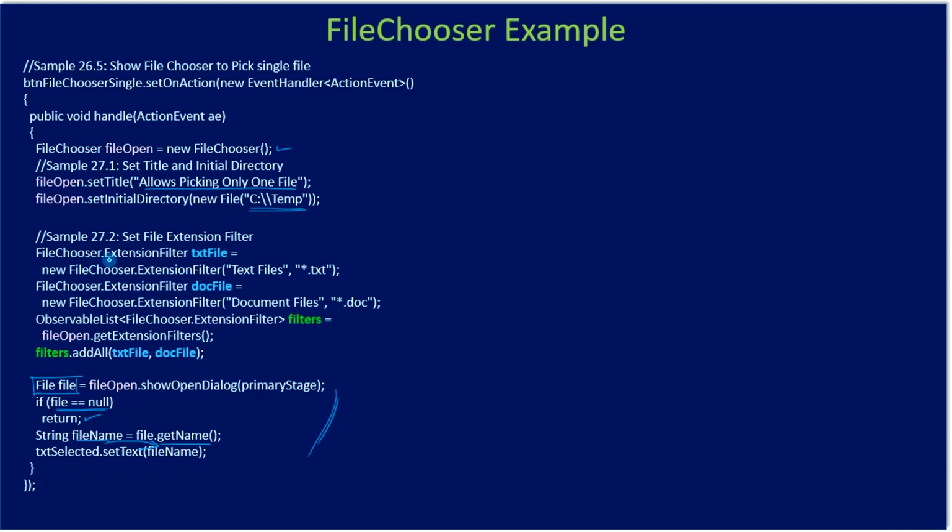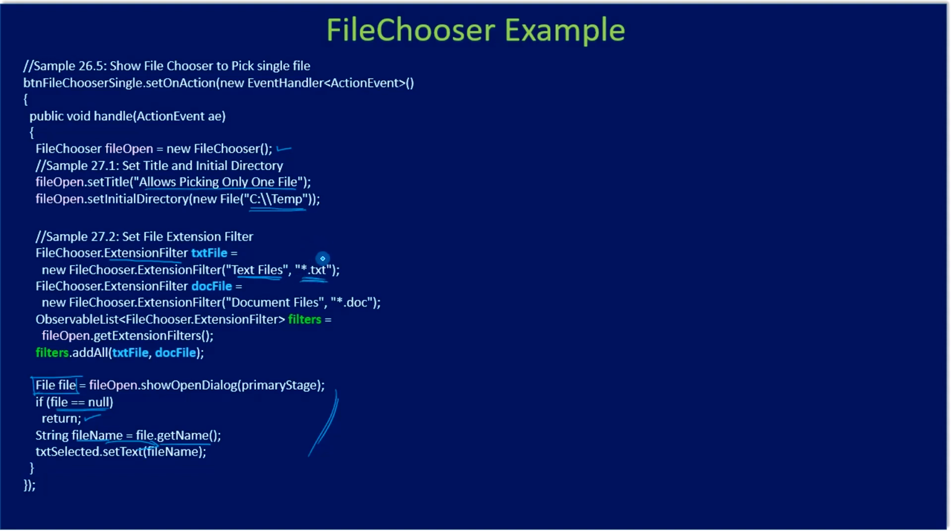Here if you see FileChooser ExtensionFilter, and here we are constructing the extension filter. This one is the description, so we are telling the filter is for a text file, and this is important, *.txt. This will apply the filter.